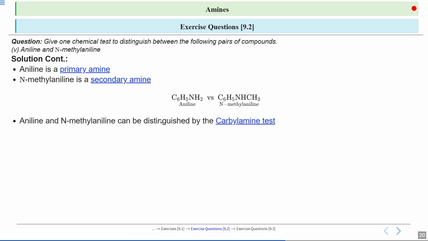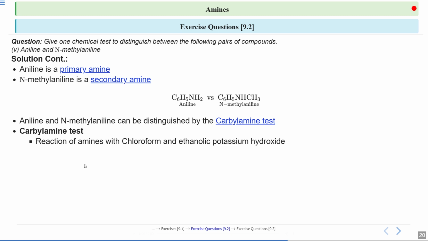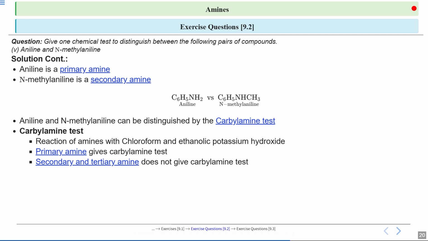We just saw we can use the carbylamine test. In this test, there is a reaction of amines with chloroform and ethanolic potassium hydroxide. Primary amines give a positive carbylamine test, whereas secondary and tertiary amines do not.